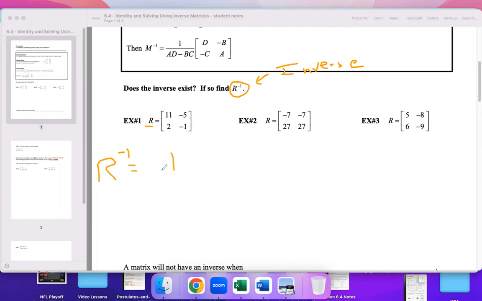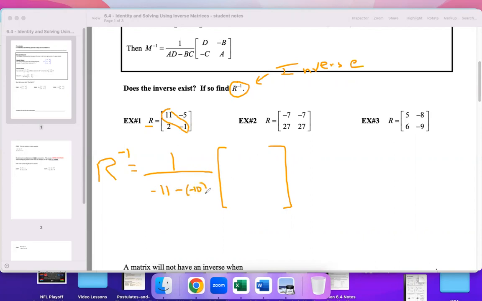You do this. Okay. Multiply diagonals. What happens when I multiply diagonals? -11, right? And then minus -10.